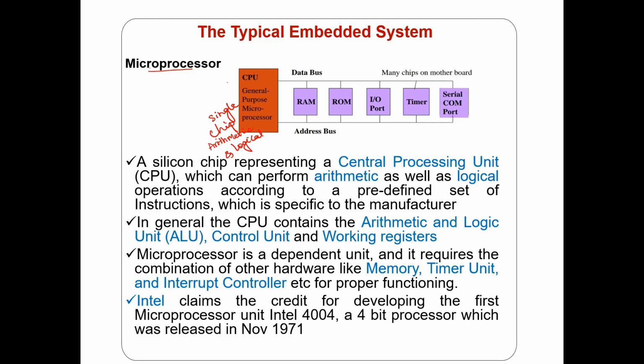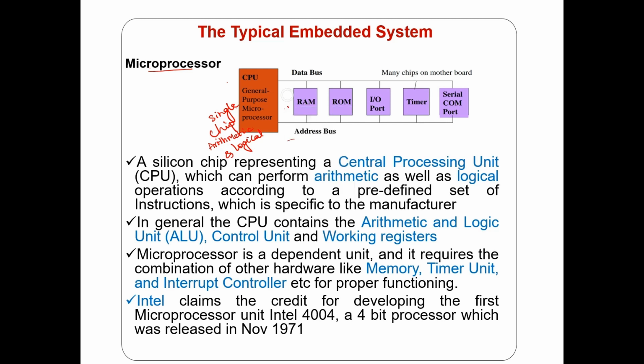How these communication interfaces or the memories are interfaced to a typical embedded system, you can look at this block diagram. If the central processing unit is a microprocessor, then when it is converted into an embedded system, it requires external memories.